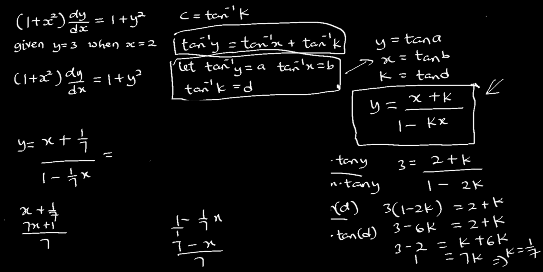So then you're going to have 7x plus 1 over 7, divided by 7 minus x over 7.